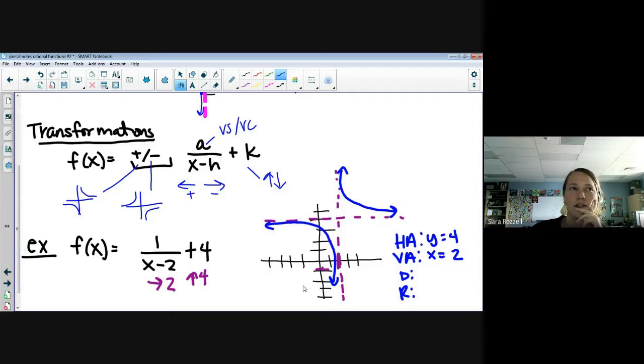Now, our domain are the things that x is not going to equal. So that's where our asymptotes are. If I'm going across the x-axis, where is my asymptote that's going to tell me that I can't have an x value? It's going to be at 2. So my domain is x cannot be 2.